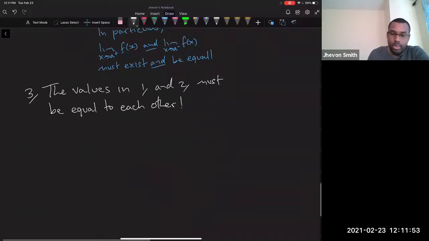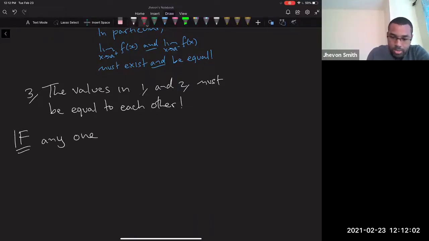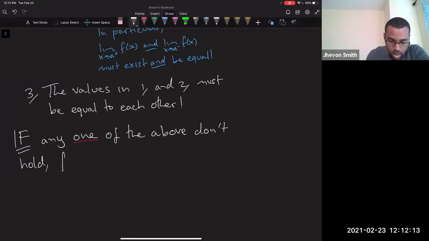And it probably goes without saying, but let me say it anyway. If any one of the above things doesn't hold, f of x is not continuous at x equals a.